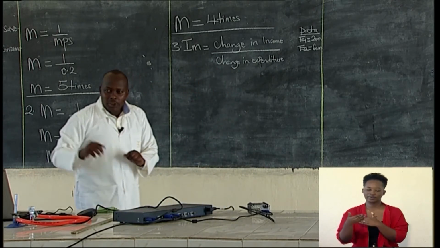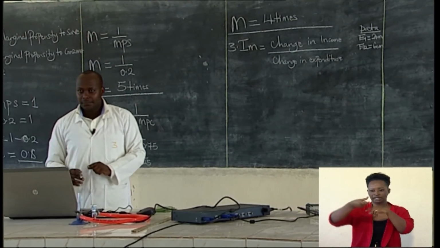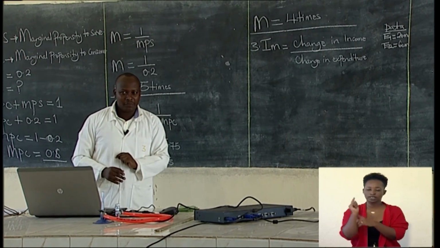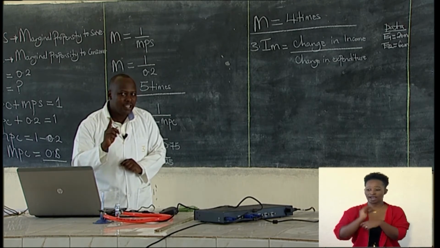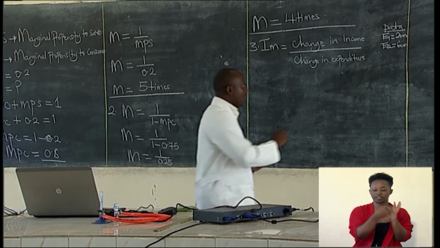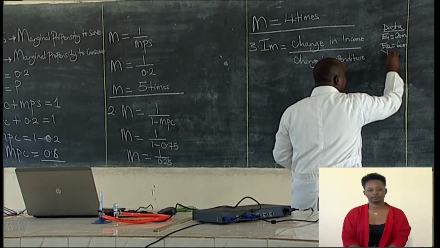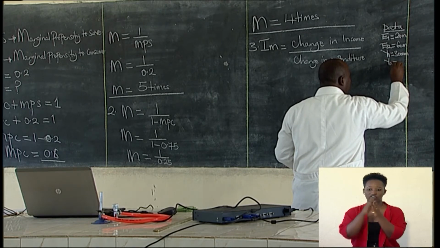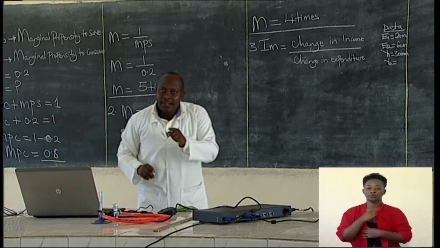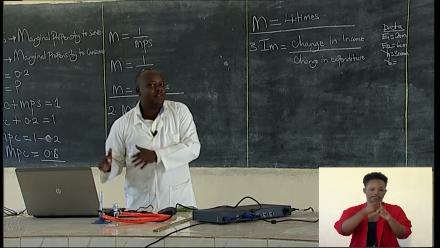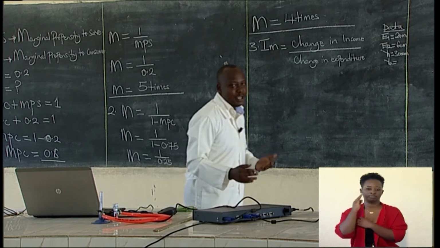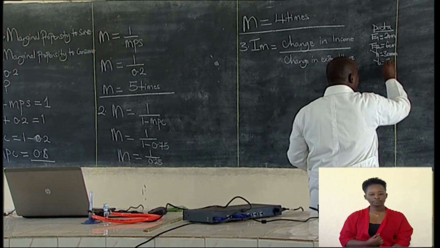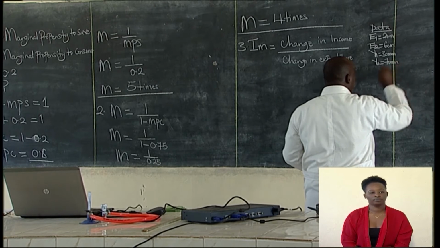Then, this led to an increase in national income from 3,000 million francs to 7,000 million francs. Our income 1 is 3,000 million, and our income 2 is 7,000 million.